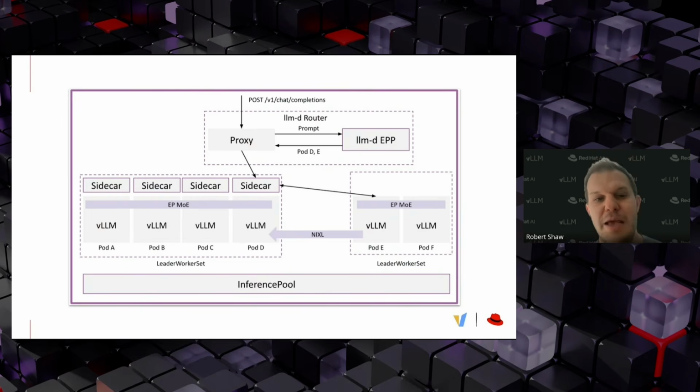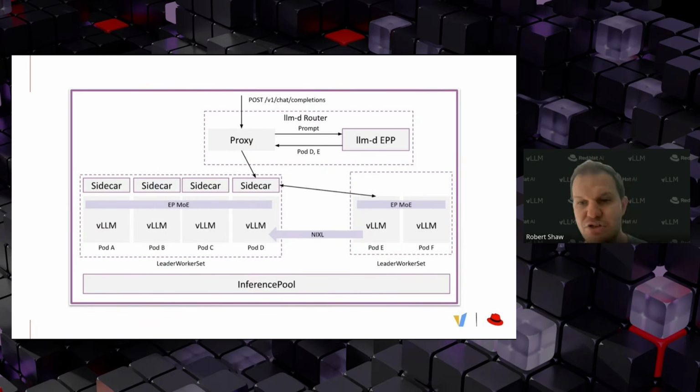We use an API in Kubernetes called leader worker set, which allows us to co-schedule multiple pods together. These pods are part of the same PyTorch process group, which allows attention to run independently, and then the expert layer to run as part of a single forward pass.